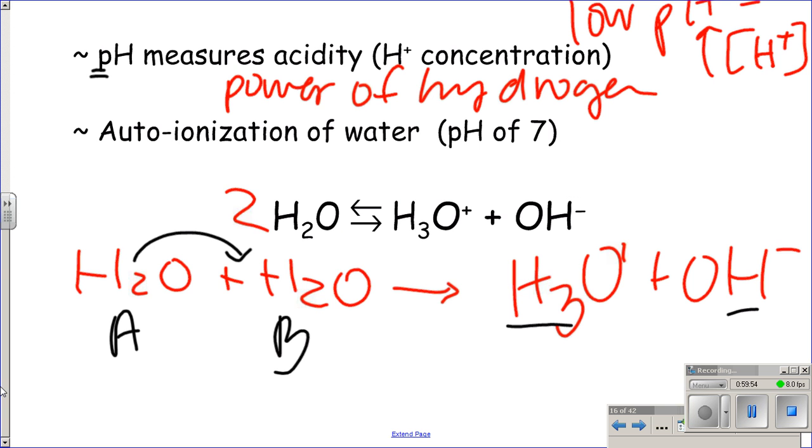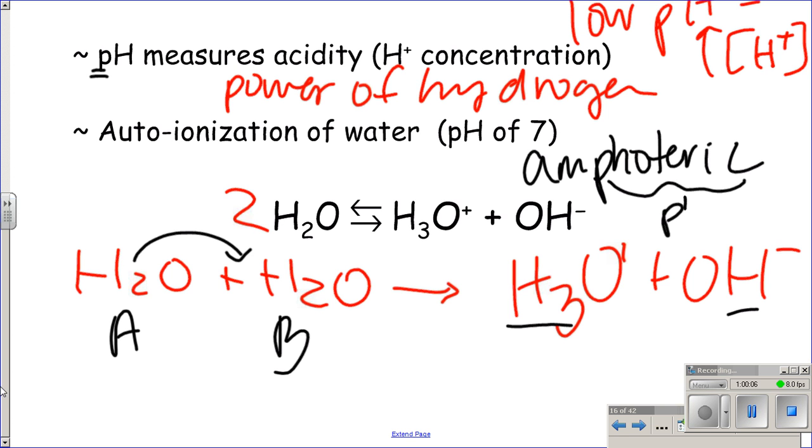I forgot my H. Amphoteric is supposed to kind of sound like, you know, ambidextrous. I can never say that. But this is supposed to kind of resemble a proton. Amphoteric, proton. It can do both. Okay. Amphoteric means you can act as an acid or a base. Okay. That's just a word you should know.